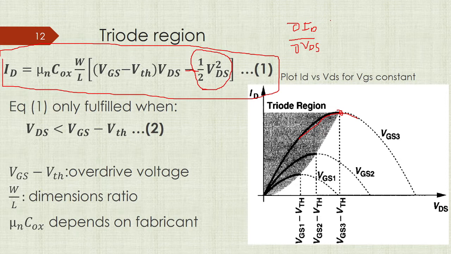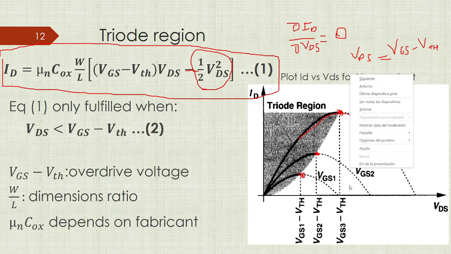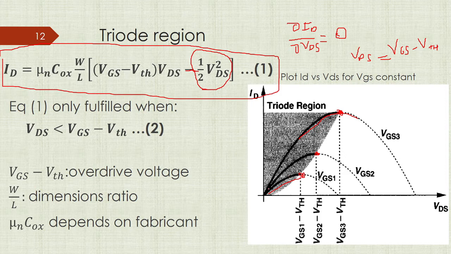If you do that, then you will obtain that the voltage at that point is equal to VGS minus VTH. Here we have this point for a fixed value of VGS. So this triode region equation will be valid until that point, and from there, we will see later that the current tends to be constant.